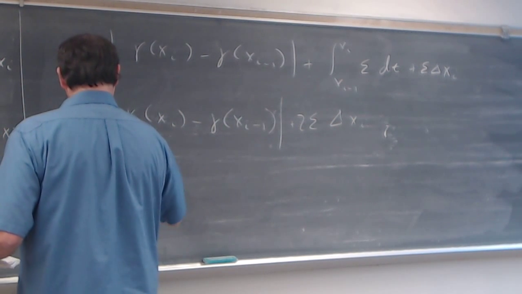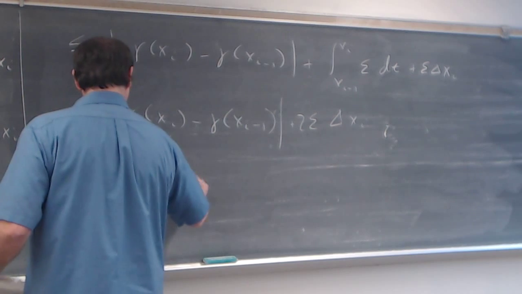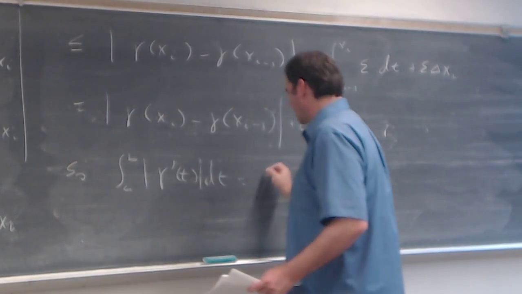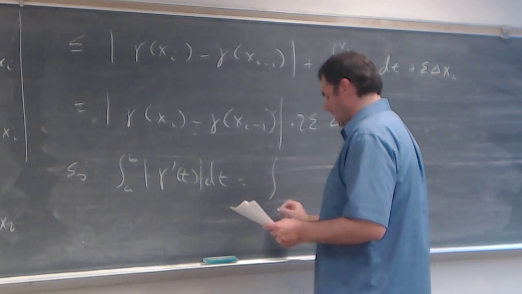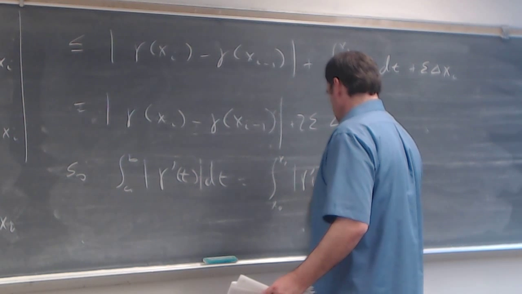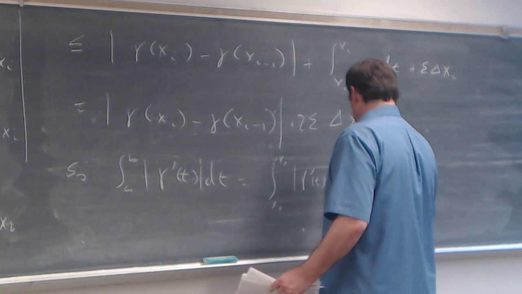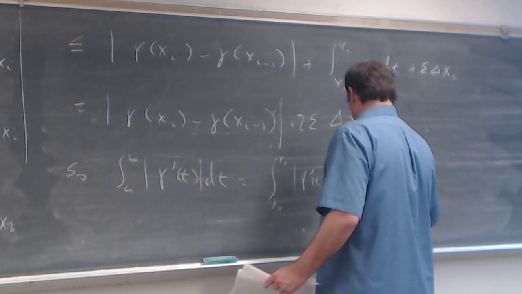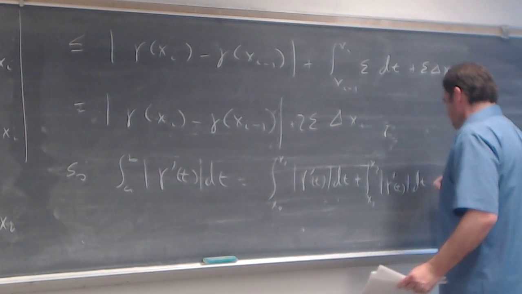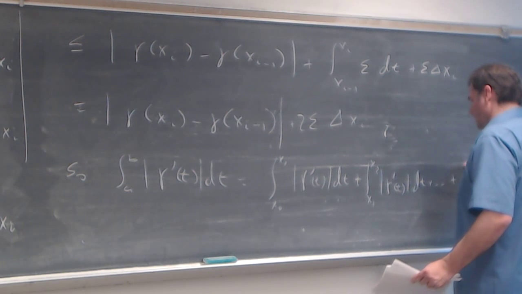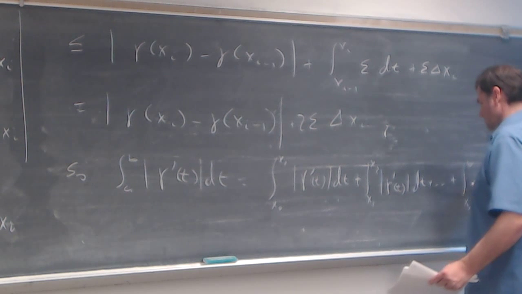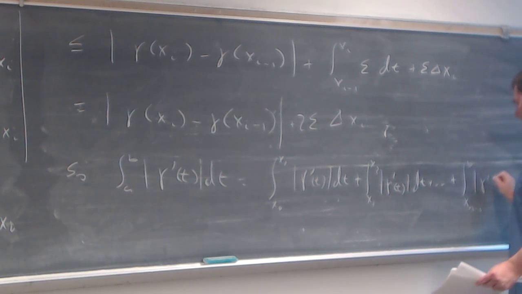So the integral from a to b of the norm of gamma prime of t dt will be equal to the integral from x sub 0 to x sub 1 of this norm, plus the integral from x sub 1 to x sub 2 of this function, plus all the way up to plus the integral from x sub n minus 1 up to b of this function.